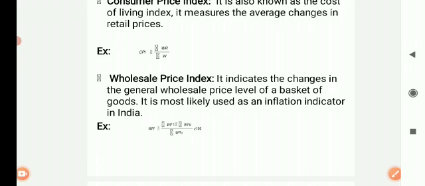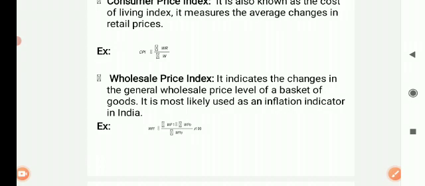Inflation is a process of deliberate increase in the general price level and decrease in the value of the currency. So if there is a continuous increase in the general price level, there is a possibility of decrease in the value of the currency. It means more money chasing few goods.